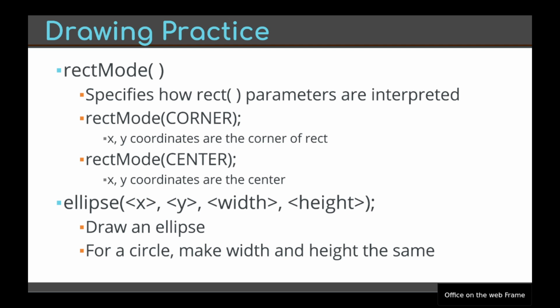Exactly. You had to find where the center was and make sure the center of the box was in the center of the canvas. Now, you could have used rect mode center, and the first 2 coordinates would have then been the center of the rectangle, as opposed to that top left point. And then the width and height would expand around that center.